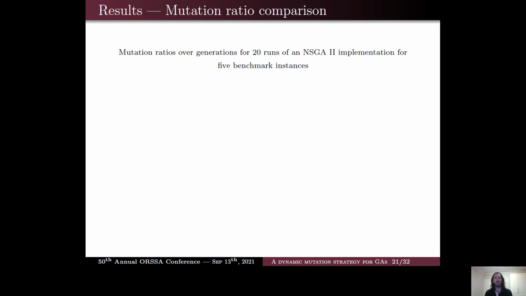The mutation ratios were then compared for each of these instances over 20 runs of an NSGA2 implementation. First, we have the legend of the 10 mutations that were incorporated. These 10 were chosen empirically based on their performance.